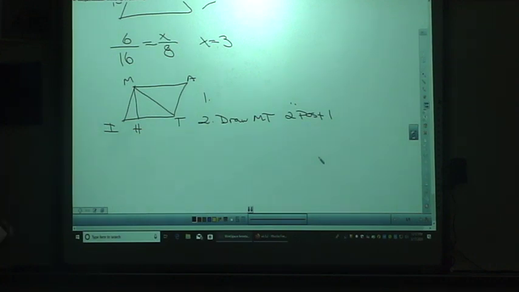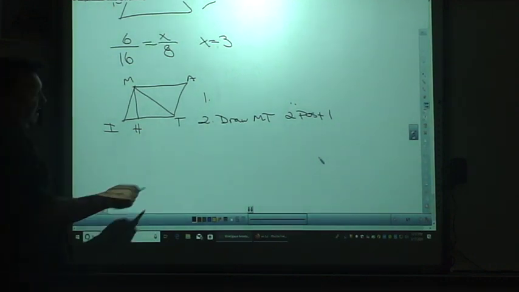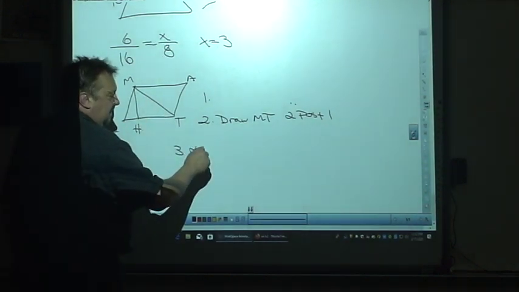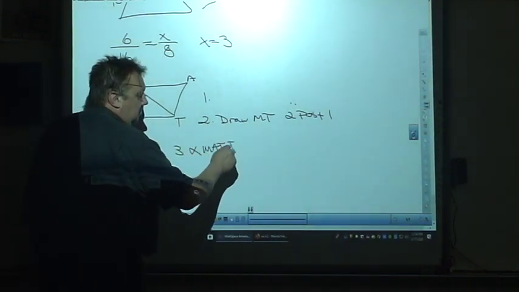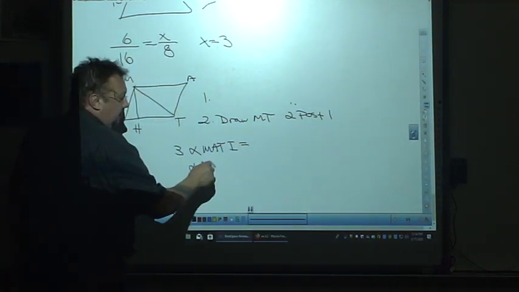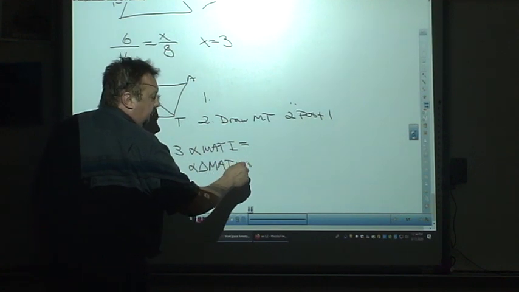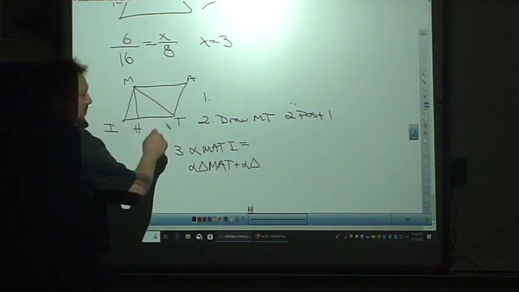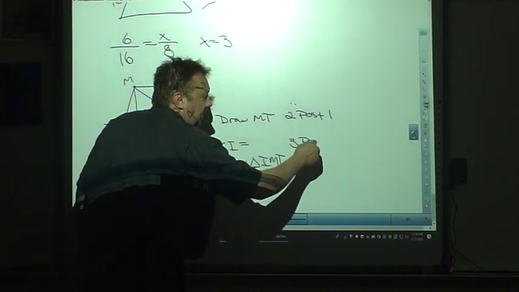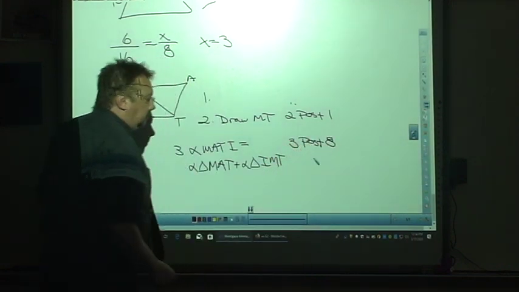From there, I'm going to look at the whole figure and say that the area of the whole thing, MATI, would be equal to the area of those two triangles, MAT, plus the area of triangle IMT, postulate 8, which is the area postulate.